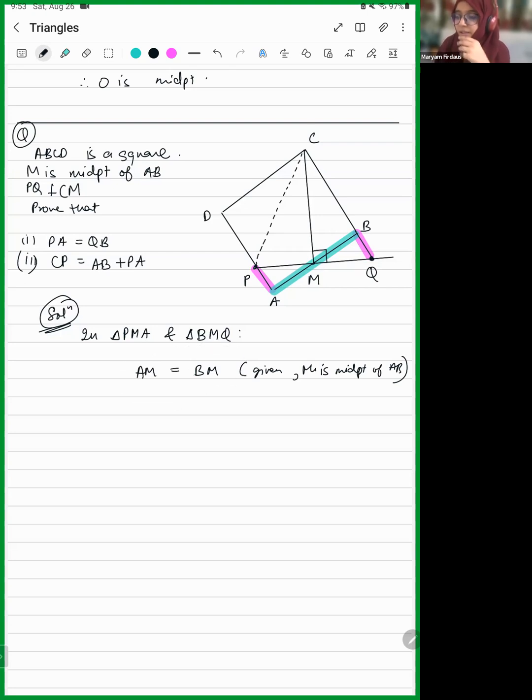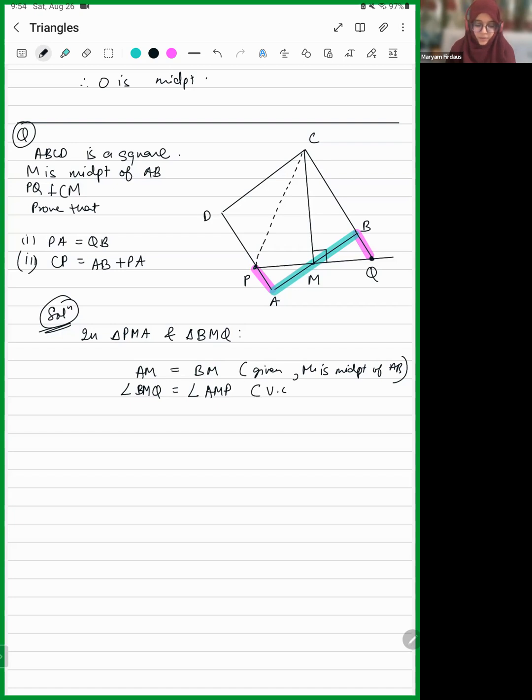Just now someone said vertically opposite angles. Now what happened to that? So angle BMQ is equal to angle AMP.